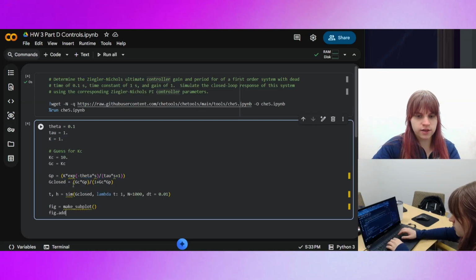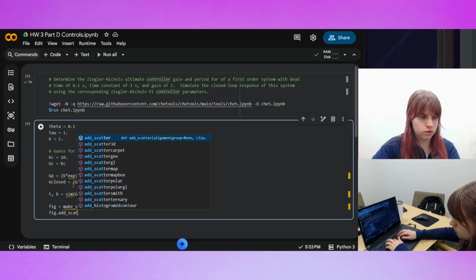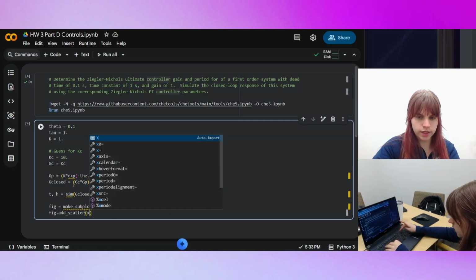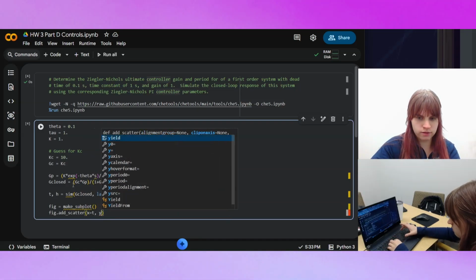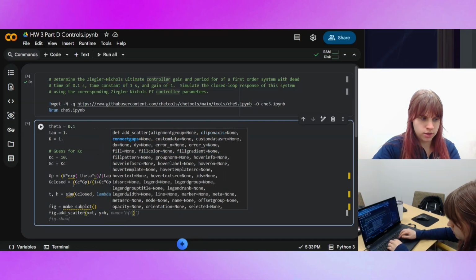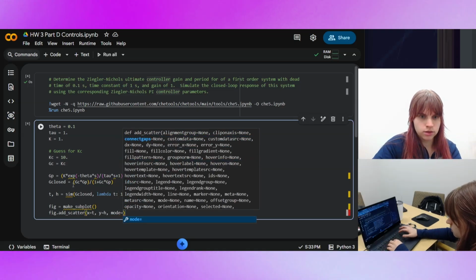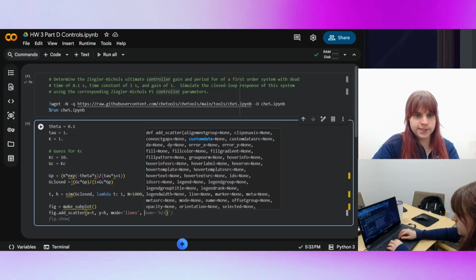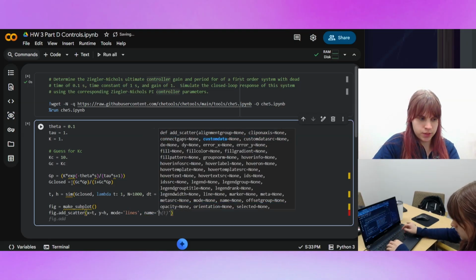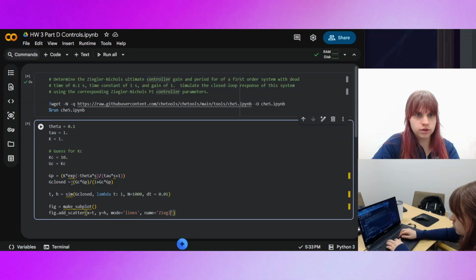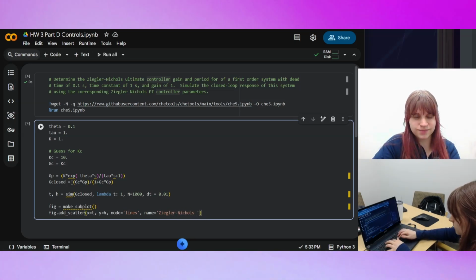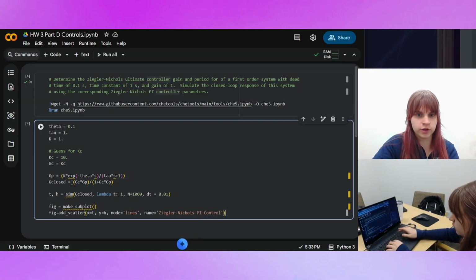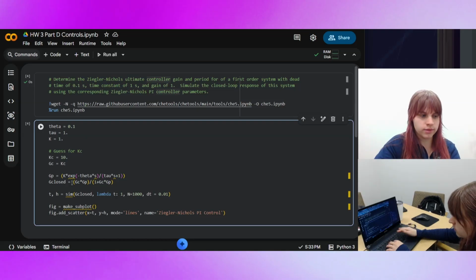We want to add a scatter at x equal to t, y equal to h. We want lines, and I'm going to name this the Ziegler-Nichols PI control. Right now we're just using proportional control, but it will include the integral later on.